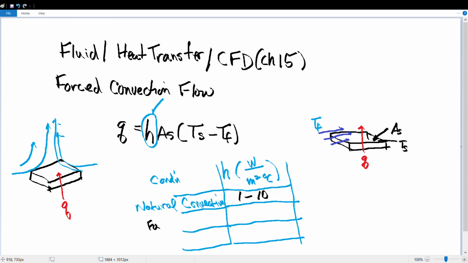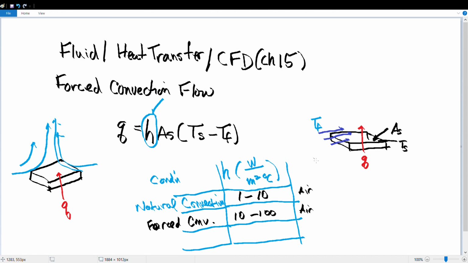Oh, I forgot to mention, the heat transfer coefficient depends on the fluid, and this is for air. So again, the second one, forced convection for air, we can go anywhere between 10 to 100.